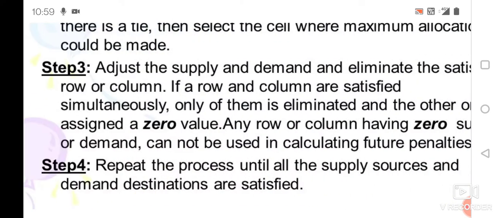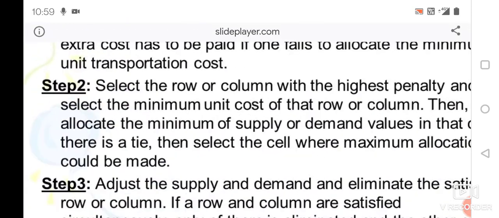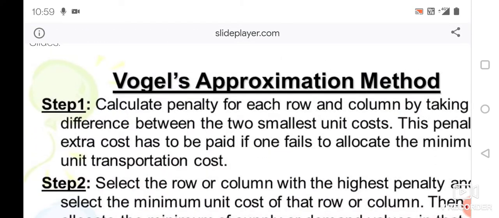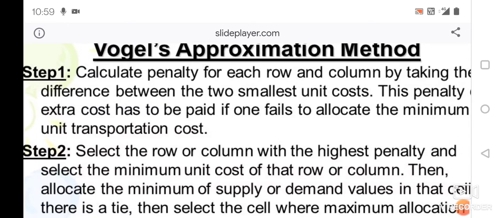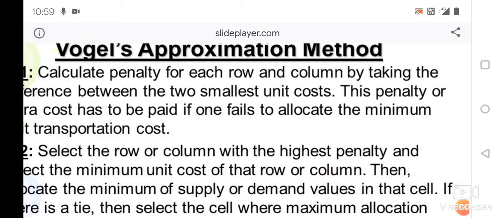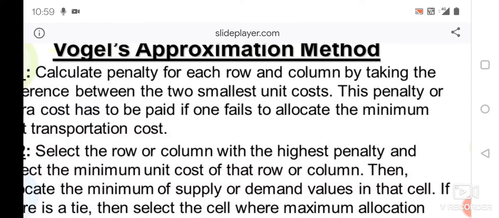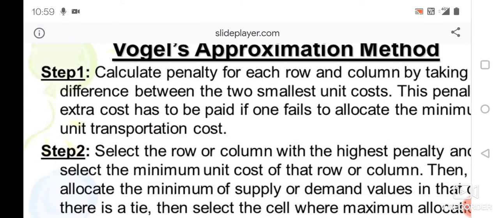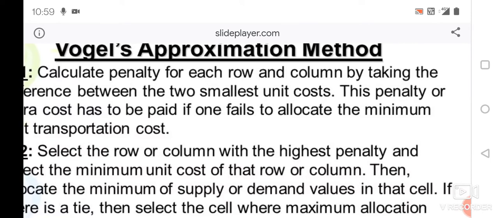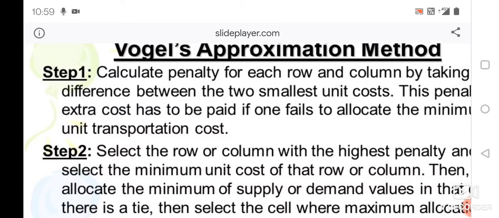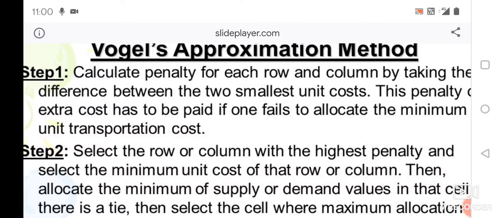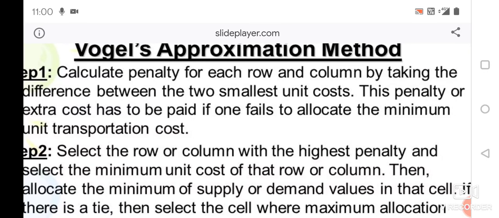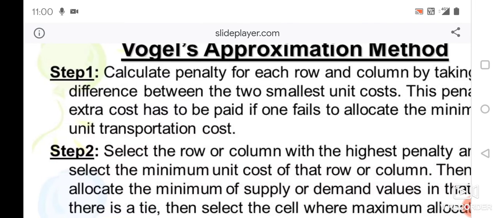And the next method is Vogel's approximation method. Step first, calculate the penalty for each row and column by taking the difference between the two smallest unit costs. This penalty, or extra cost, has to be paid if one fails to allocate the minimum unit transportation cost.